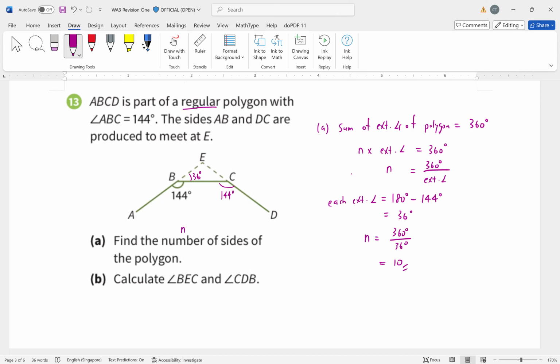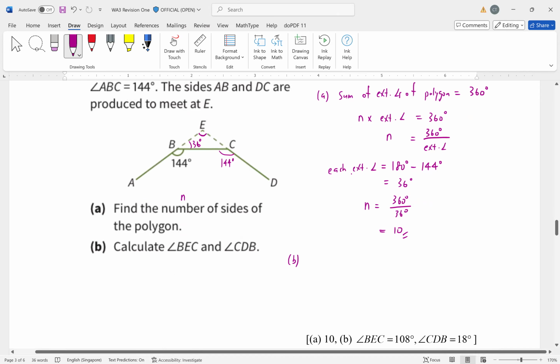Right? Okay, calculate angle BEC and CDB. So BEC is over here. I'm sure you can somehow see the way to solve it already. If this is 36, then this will also be 36, correct? Then BEC is a triangle, so we can find BEC quite easily.